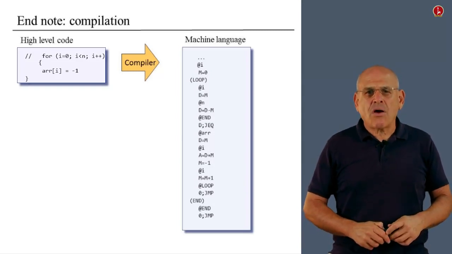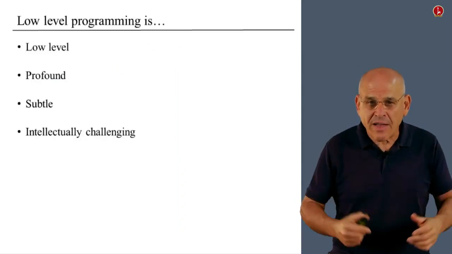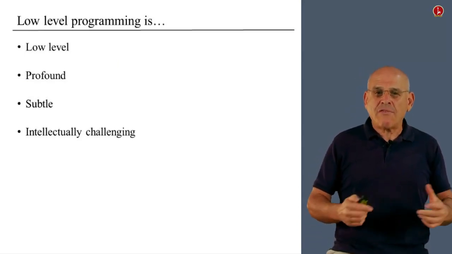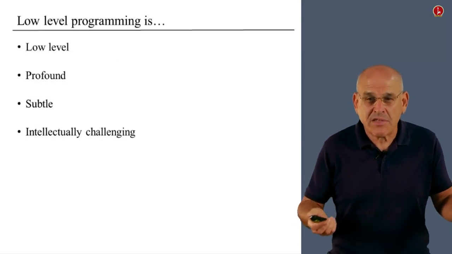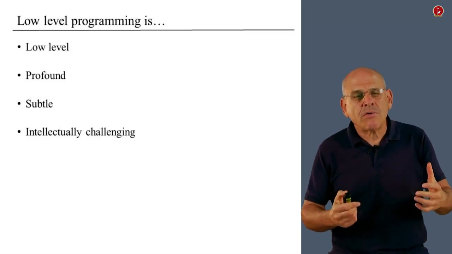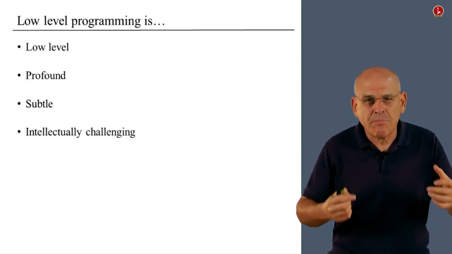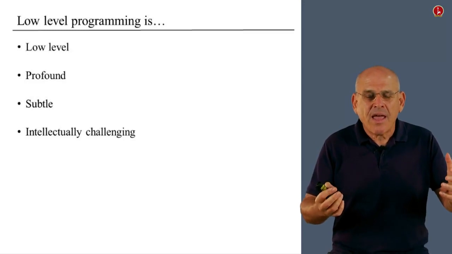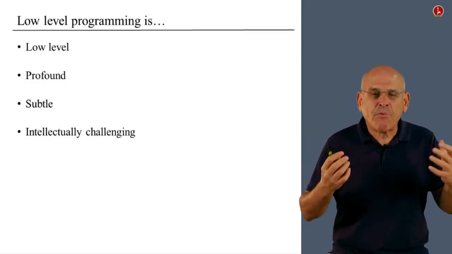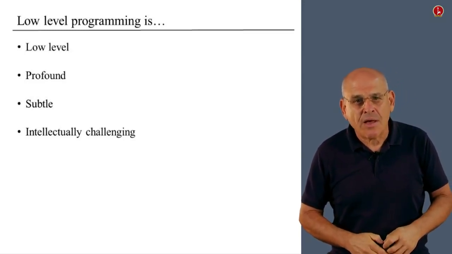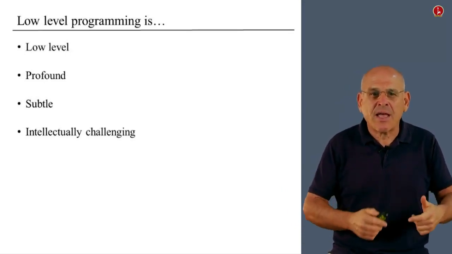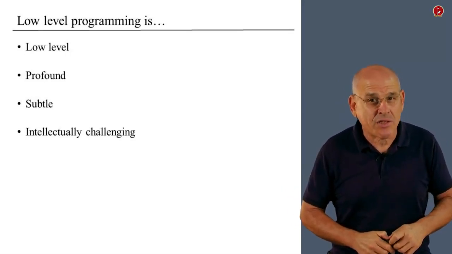All right, so finally, I think that by now you're convinced that low-level programming is, first of all, very low level. You have to work directly with the machine. But because it is so minimal and so Spartan, and because it is so fantastically expressive, it is also a very profound and subtle thing to do. Writing programs in machine language is profound, is subtle, and it's intellectually challenging.